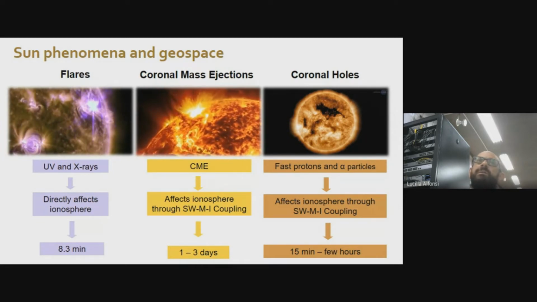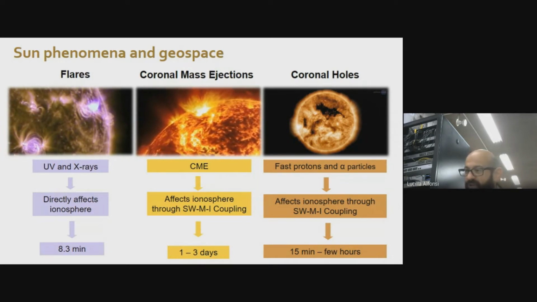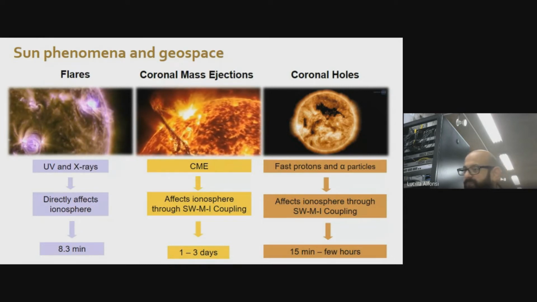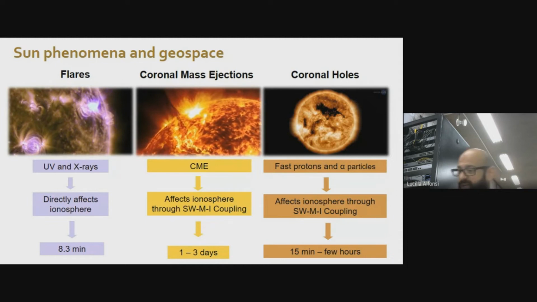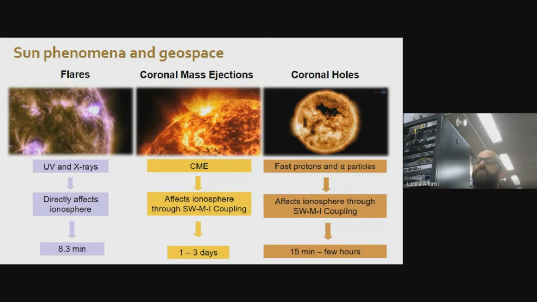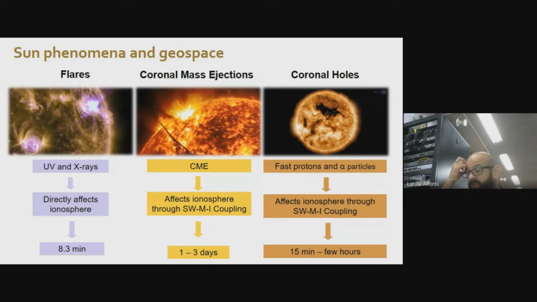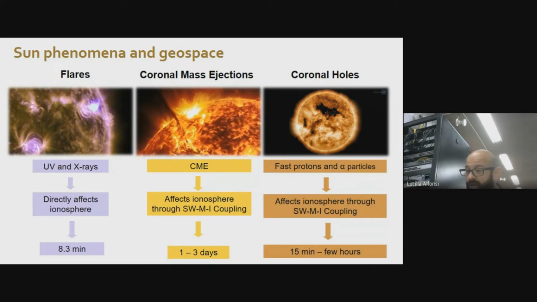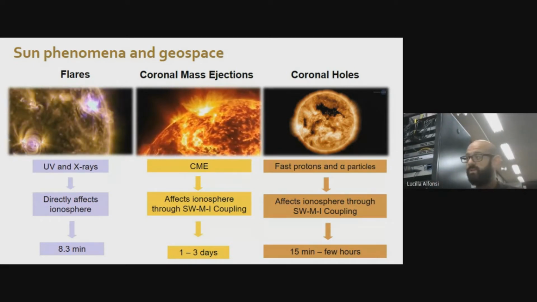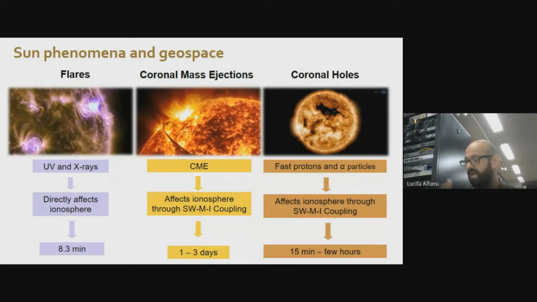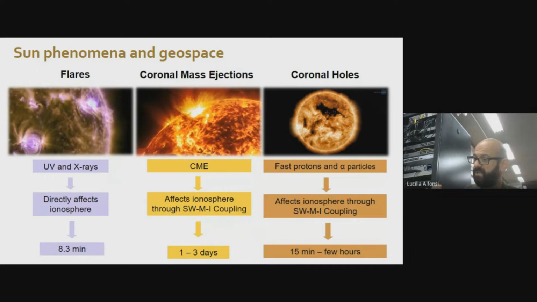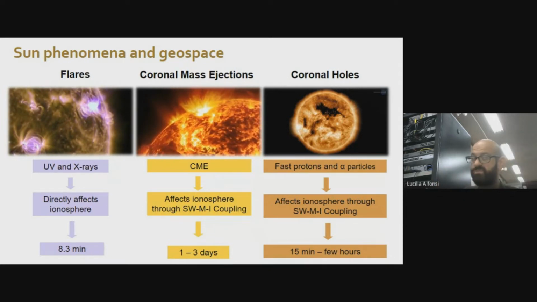But in particular, the flare and the ionospheric response to the flare are related to the electromagnetic waves, very high energetic electromagnetic waves that are in the UV and X-ray frequency range. So this kind of phenomenon interacts directly with the ionosphere without involving, as the other 2 do, the coupling between solar wind, magnetosphere, and the ionosphere.